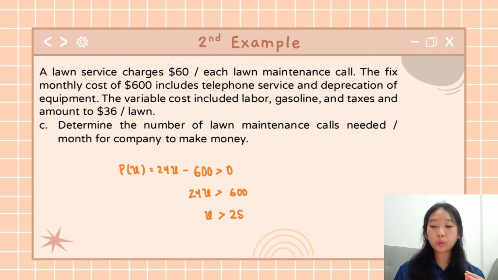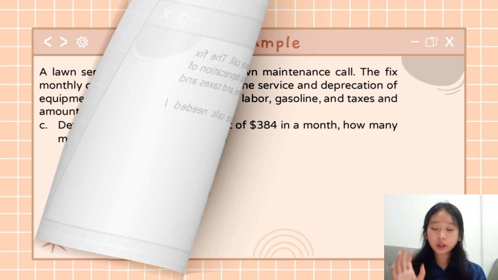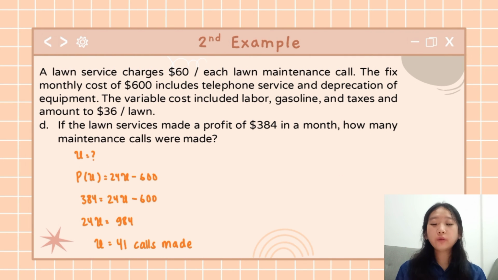Using the equation from B1, P of X equals 24X minus 600 more than 0, and it remains X equals 25. What does 25 mean? It means that the company will get a profit if they reach more than 25 lawn maintenance calls per month.